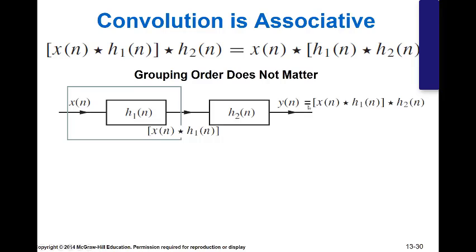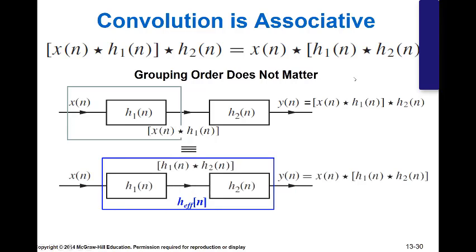We get the same answer, the same output signal, if we had taken X sub n and run it through an equivalent system, a single block of two H's, H1 and H2 in series, where the unit sample response of that series combination can be found by convolving H1 with H2.